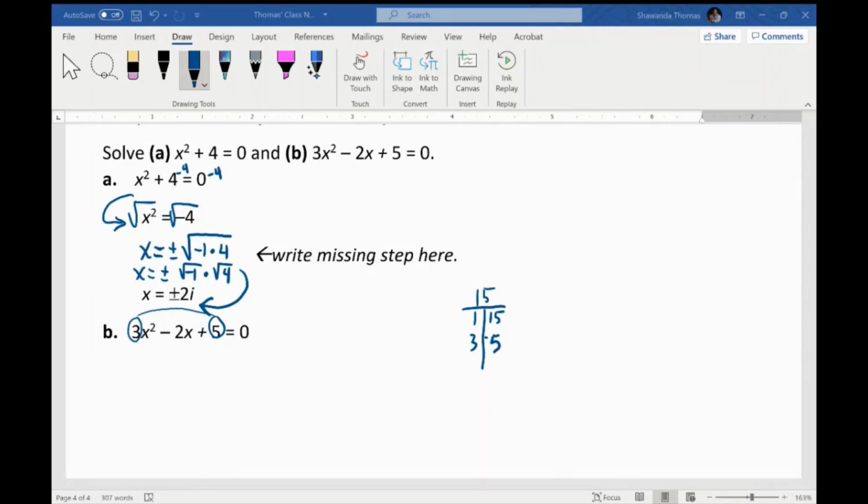The -5 and +3 are not going to equal a +5. It's not gonna give us what? A positive 5. It's not gonna give us positive what?